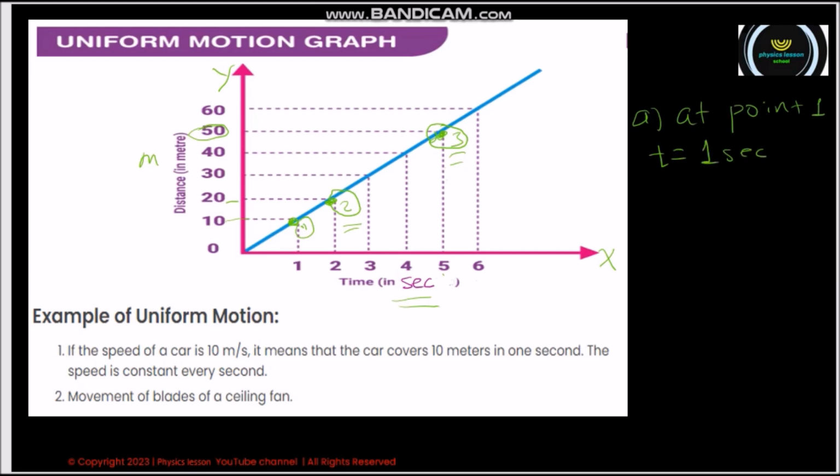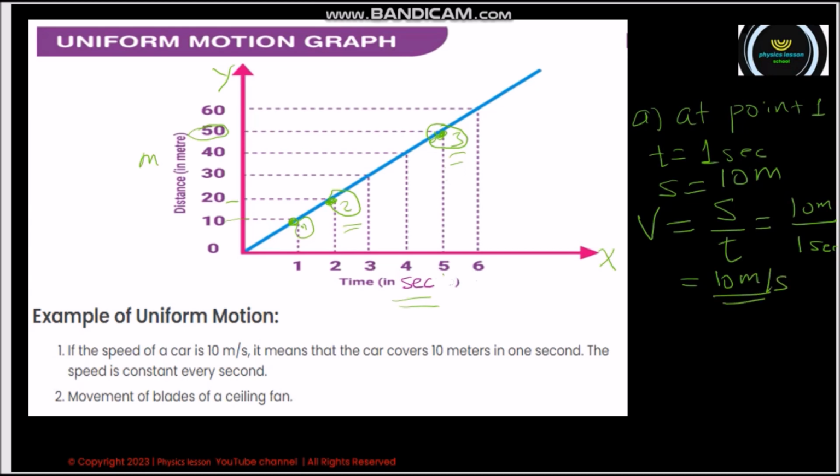The distance or the displacement is equal to 10 meters. Then the velocity or the speed is distance over time, which is equal to 10 meters over 1 second, which is equal to 10 meters per second. Okay, at point 1.